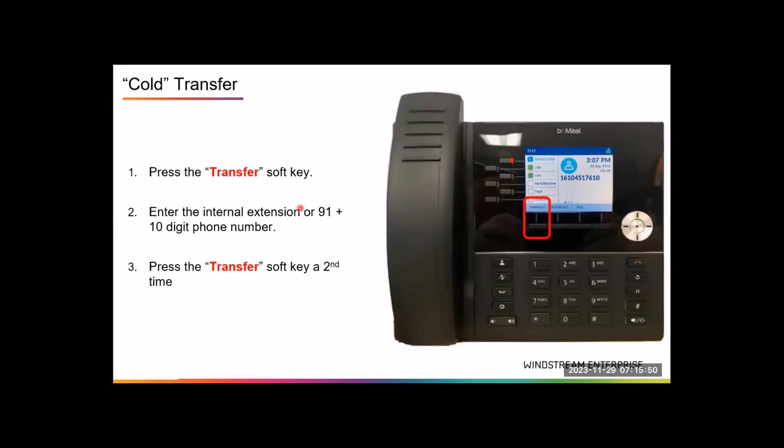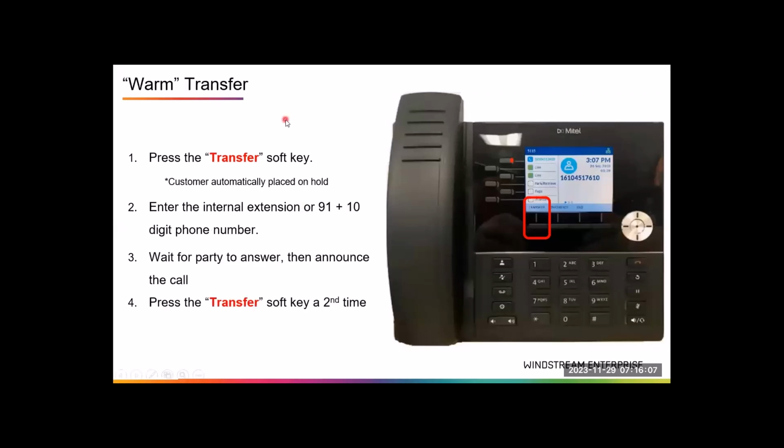Now, I myself am not a very big fan of using blind transfer. I prefer letting my coworkers know what the call pertains to before I complete my transfer. So I would recommend using the warm transfer method. And with warm transfer, the process is going to start out the same. So again, if you have a call on your phone and you wanted to transfer this call to another extension, to a coworker, but this time we're going to use the warm transfer.